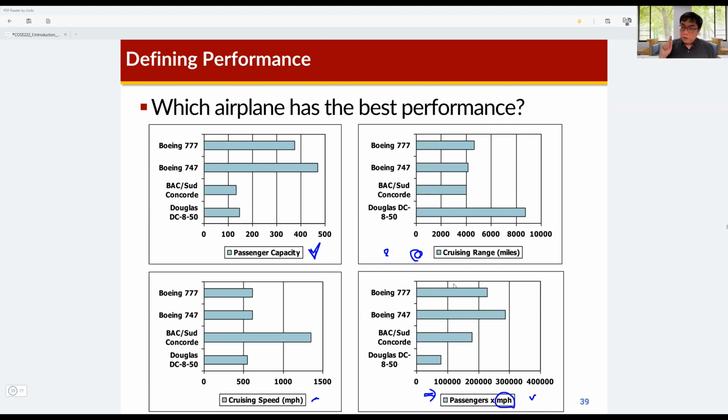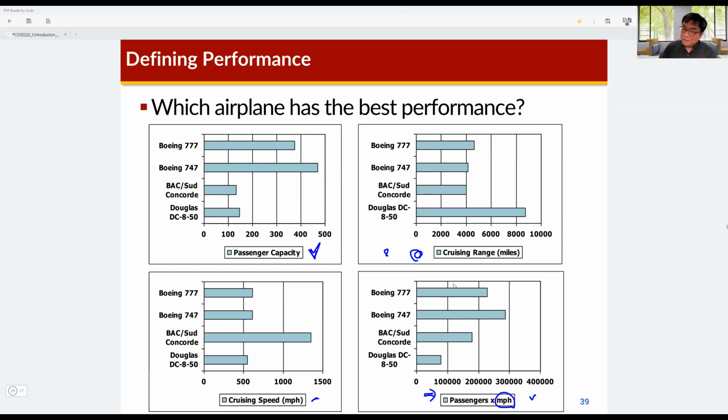Also, we need to consider the flight time, that is the speed. If we consider these two different metrics, then we can combine them. So we can calculate the passengers multiplied by speed of the airplane, and then measure these performance metrics for the different airplanes.